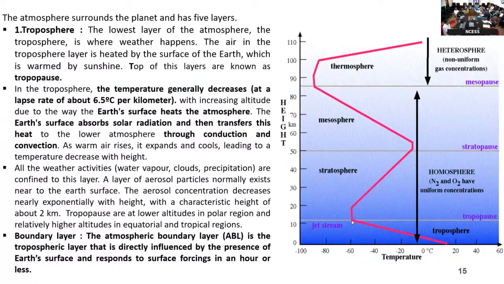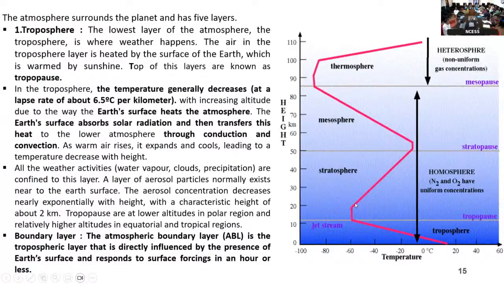Like so, there are variations with the regions and latitude. Above that is the stratosphere, and at the top of that is the stratopause, located up to around 50 kilometers altitude.